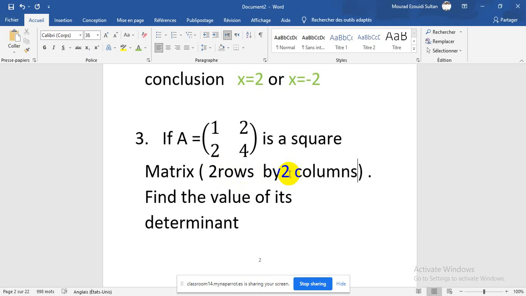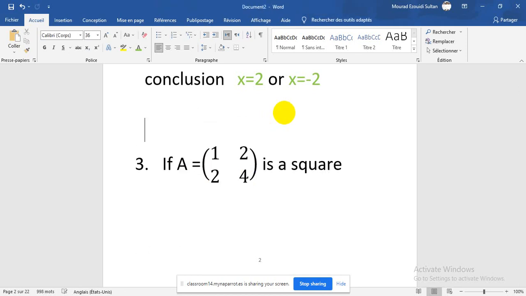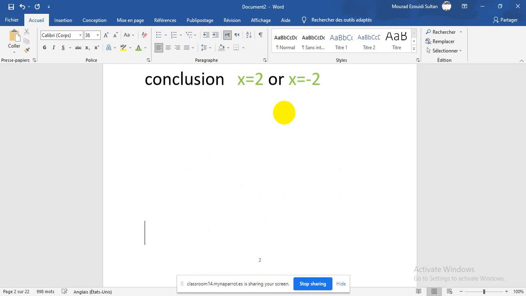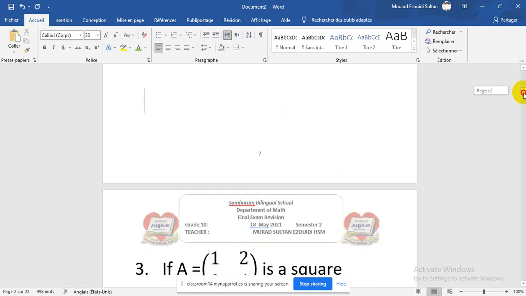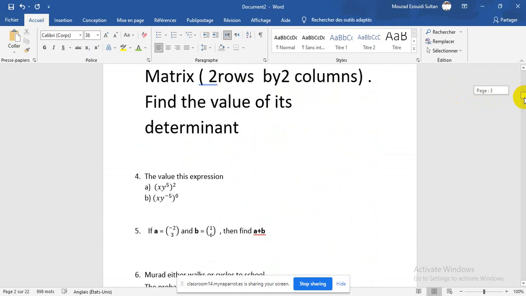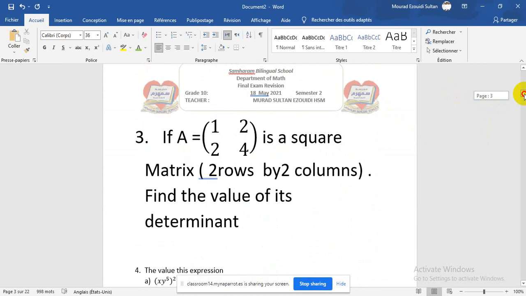Now we want to find the value of the determinant. Here I just use this fact, or I will press enter to be clear for you. Then I will go down. Here this is the determinant.